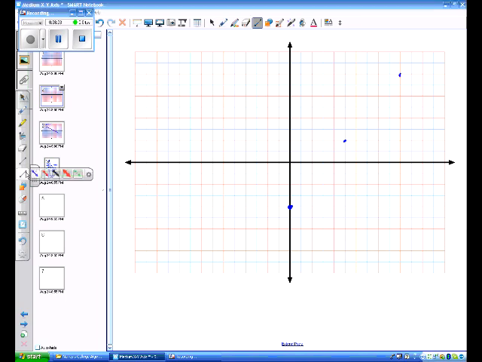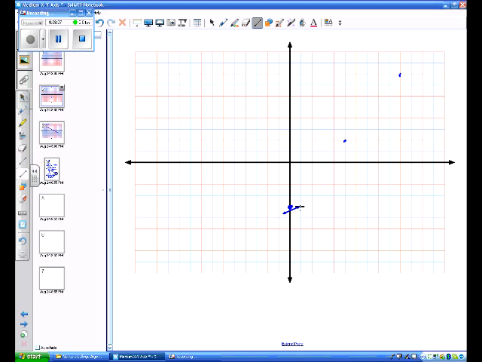And then we can draw our line through those points. We got off just a tiny bit, but we have our line then through the points. And the line represents all the points that will make that equation true.